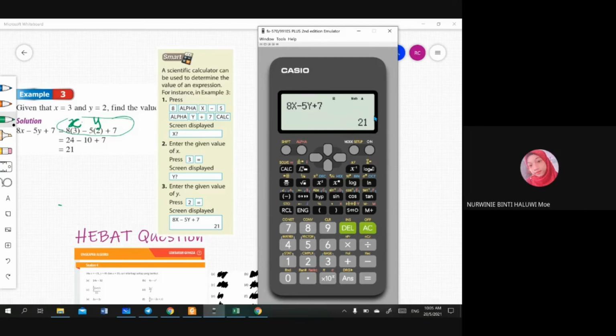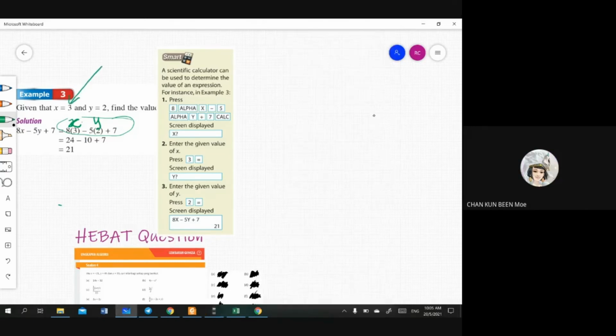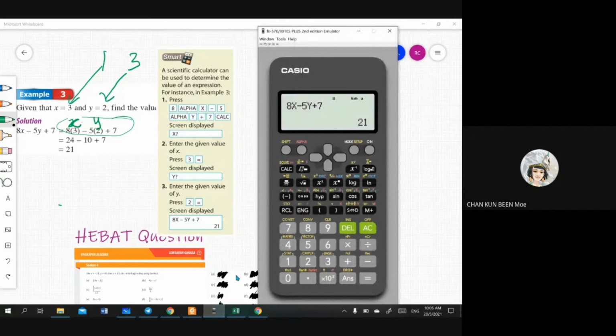Yes. Let us start from the beginning again by substituting the value of x and y with a different value. For example, 1 and 3. Okay, let's try one more time. So you already have the expression earlier. What you do is press the equal sign one more time.